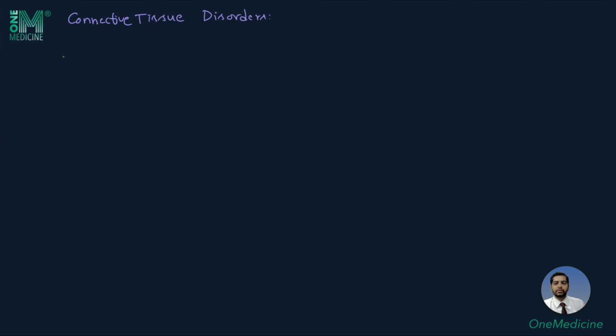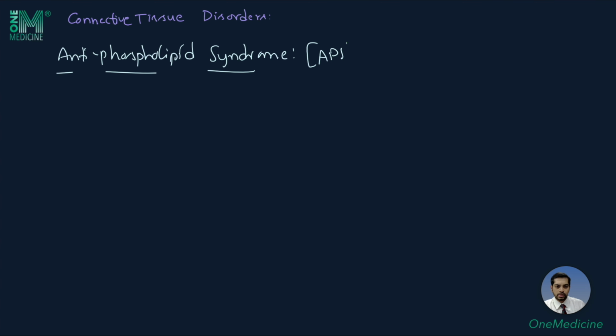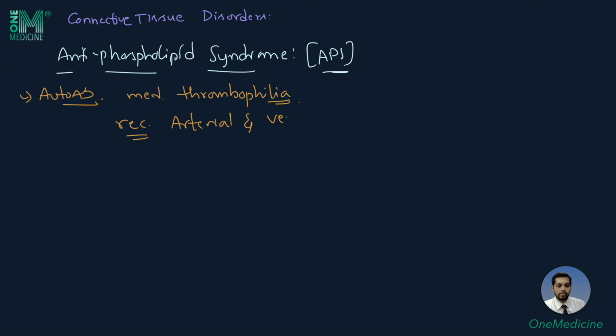The last of connective tissue diseases is antiphospholipid syndrome, written as APS in short. This is an autoantibody mediated thrombophilia characterized by recurrent arterial and venous thrombosis.